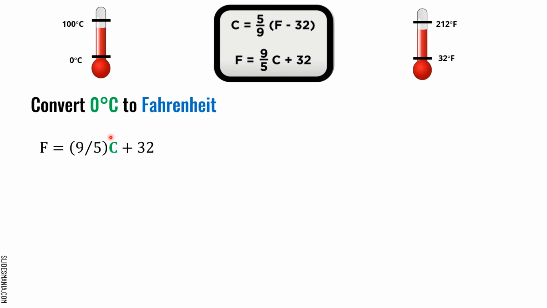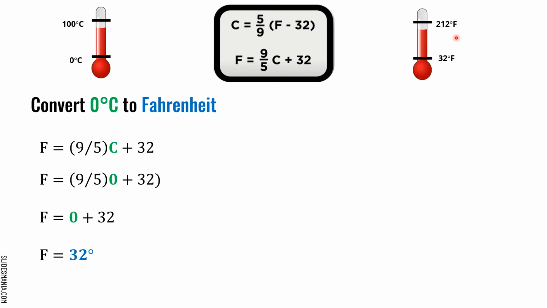Just substitute the value of your C in this equation. You will have 9 over 5 times 0 plus 32. 9 over 5 times 0 is 0, since any number multiplied by 0 is 0, plus 32. We will have 32 degrees. So that is the equivalence of 0 degrees Celsius in Fahrenheit, and that is correct.